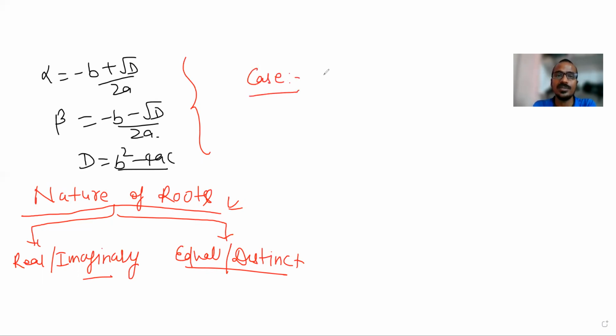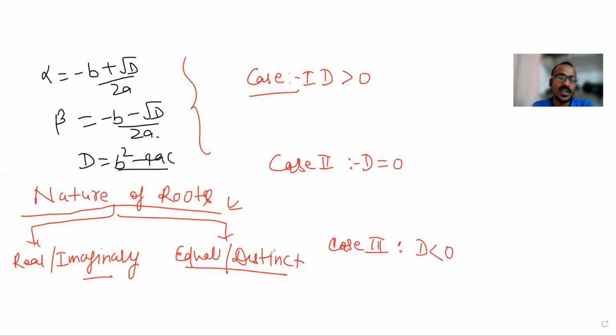Case 1, when D is greater than 0. Case 2, when D is equal to 0. And case 3, when D is less than 0. This b square minus 4ac can take three values: either D greater than 0, or D equal to 0, or D less than 0.